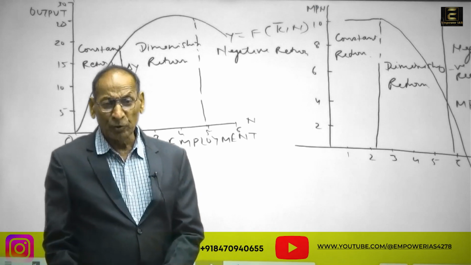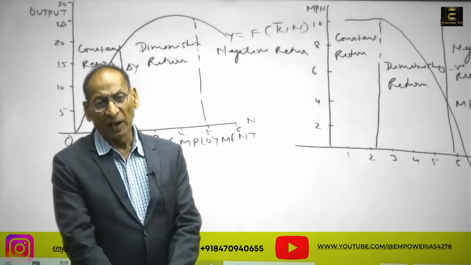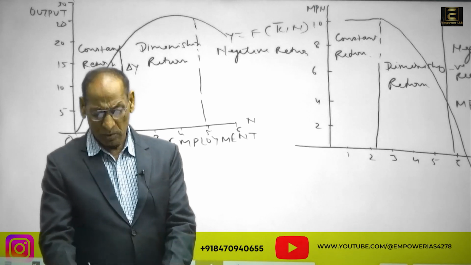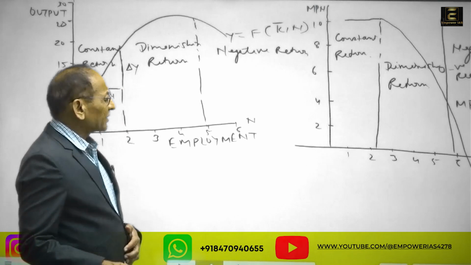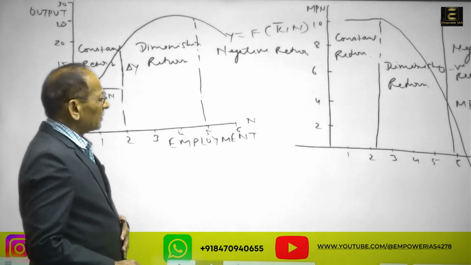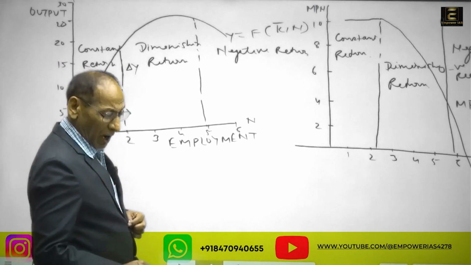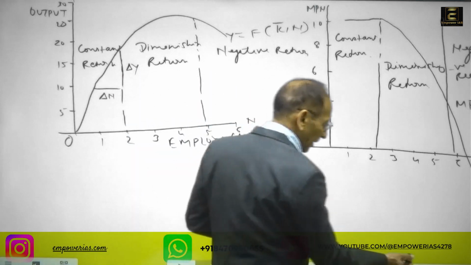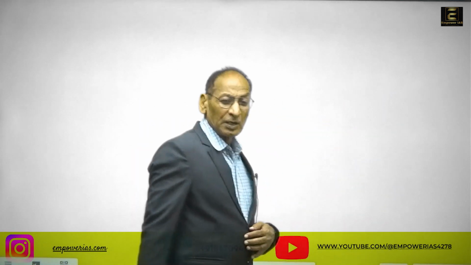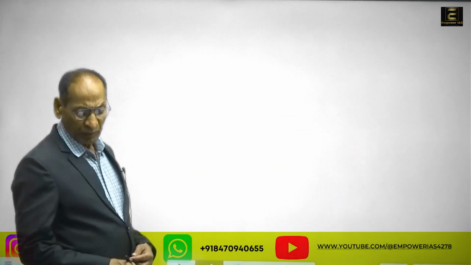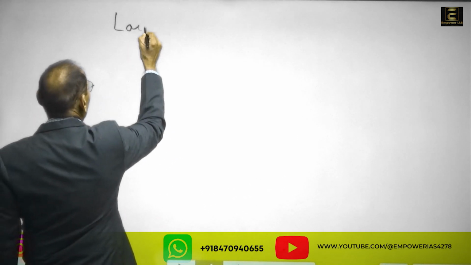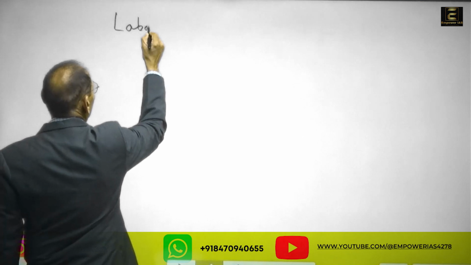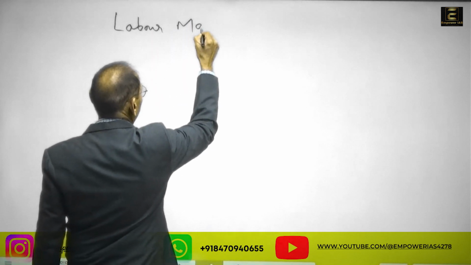Now we have to derive the demand curve. How will the demand curve be derived? The classical economists explained how employment in the economy will be determined in the labor market. What will be the characteristics of the labor market?